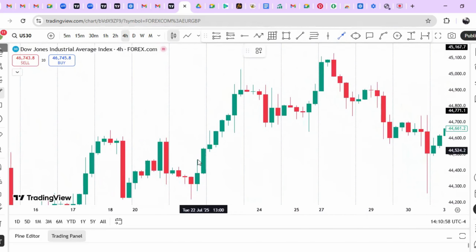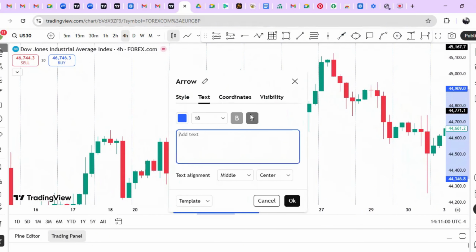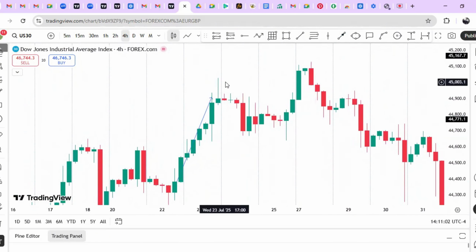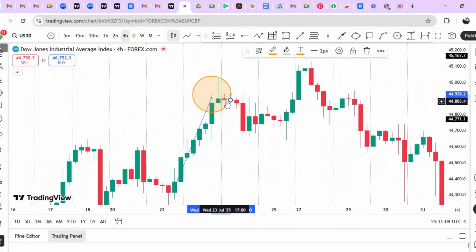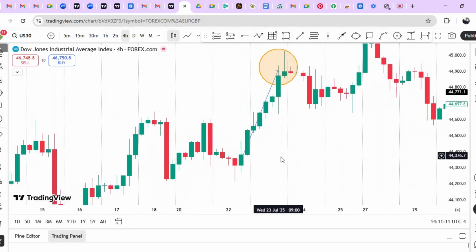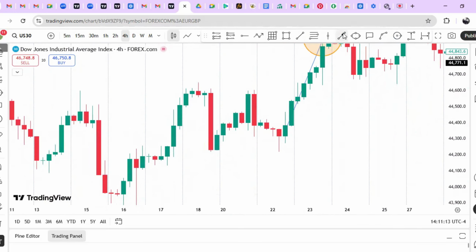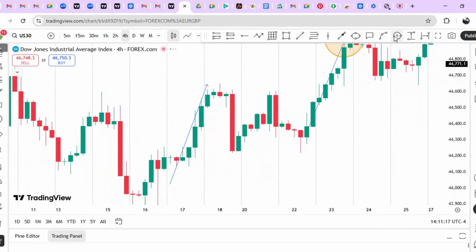Here again, this impulsive push to the upside. The hammer candle formed here. What happened? We had some nice sells. Here again, this impulsive push to the upside. The Doji candle formed.